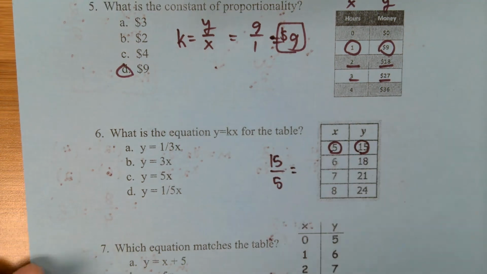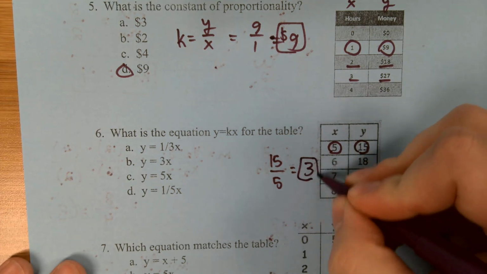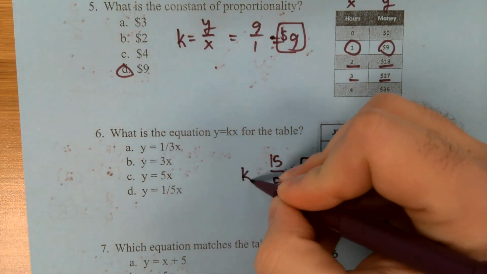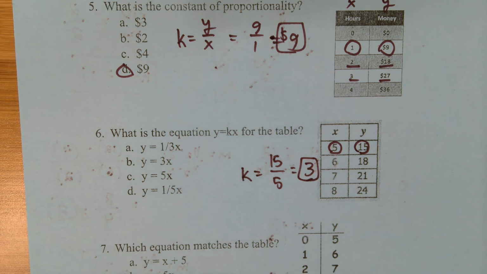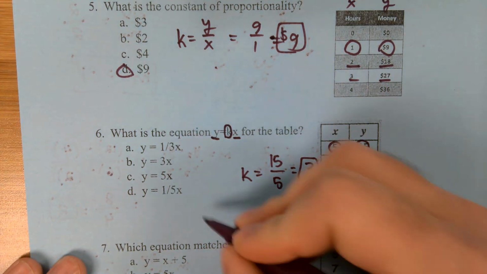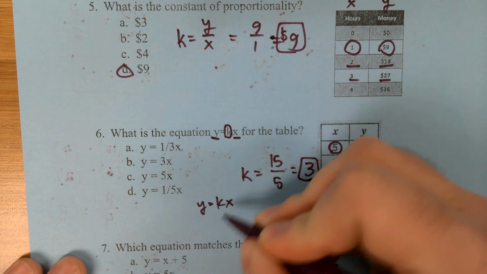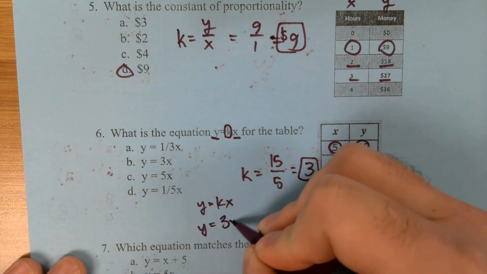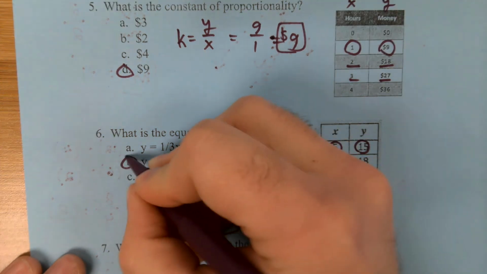15 over 5. What's that equal to? 3. So our k is equal to 3. So our equation y equals kx just becomes y equals 3x.